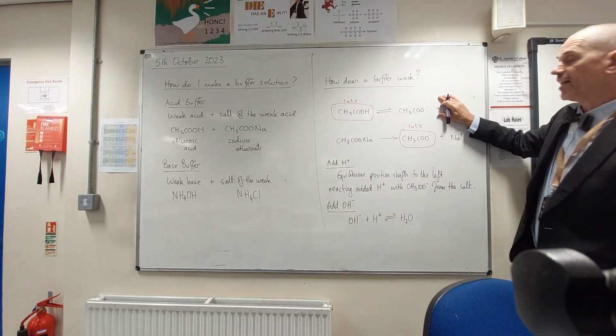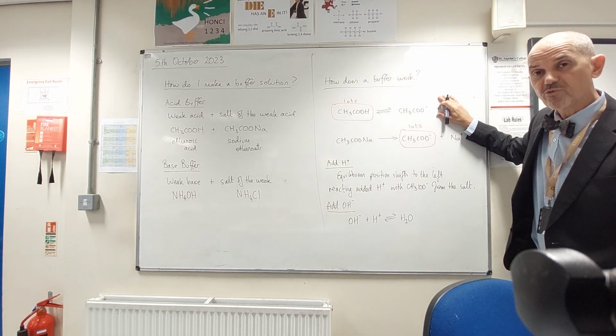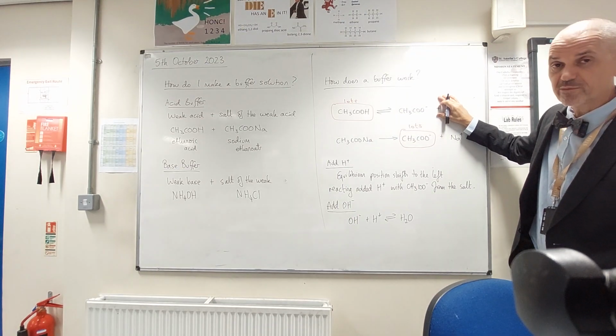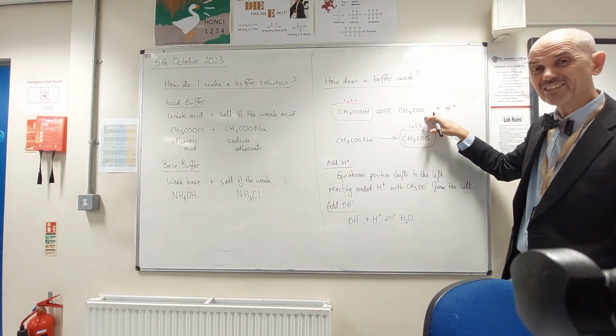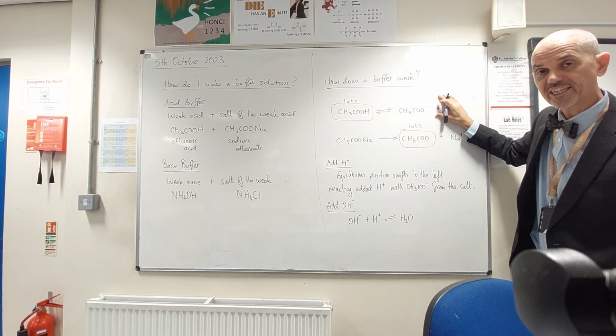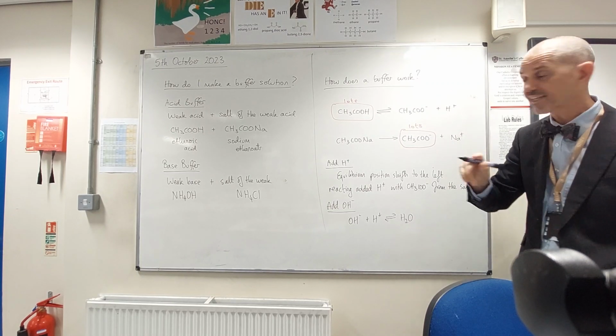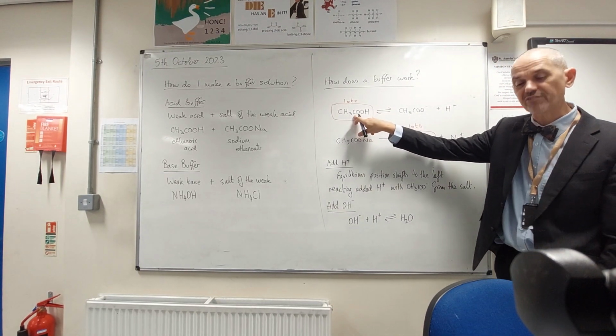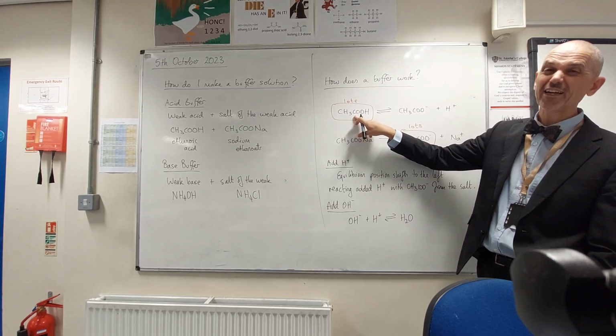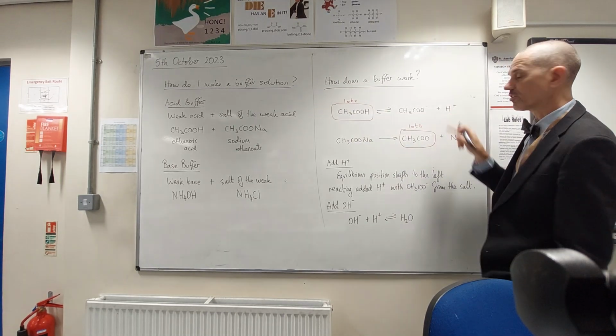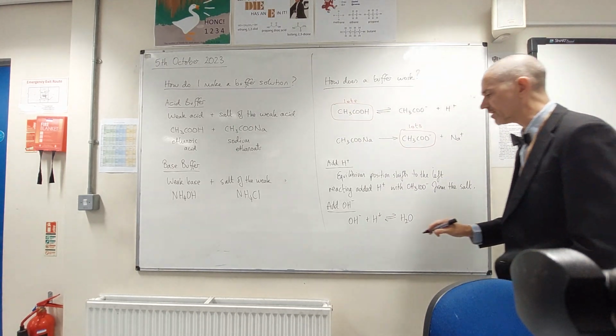That's going to remove it from the equilibrium here, and then of course the equilibrium will shift to the right to replace the lost H plus. That can happen because again we've got lots of acid molecules, so we're never going to run out of those in order to restore the H plus.